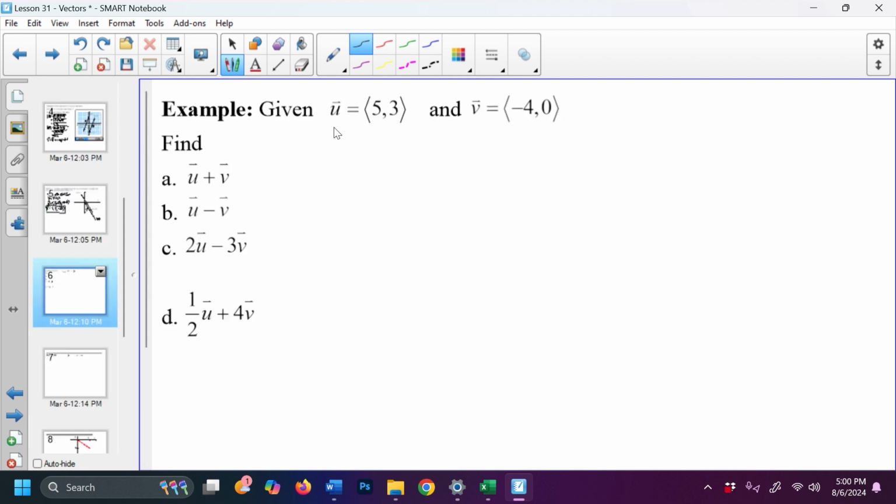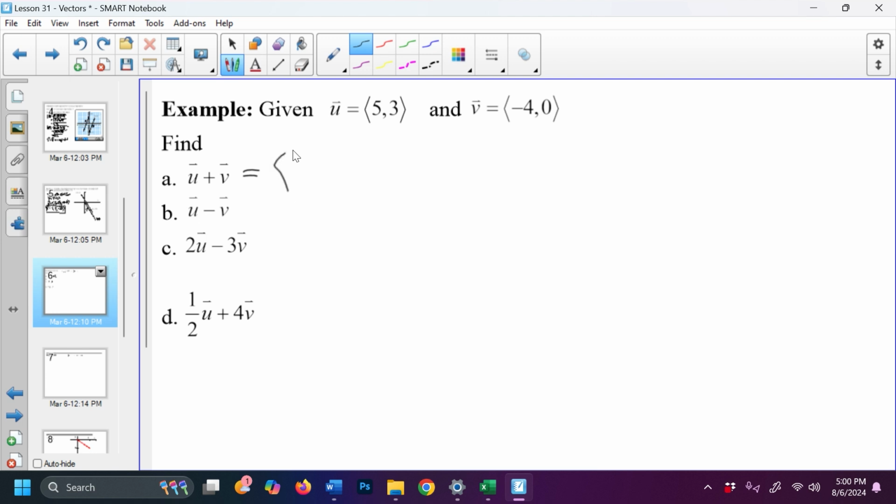It says given the component form of vector u is 5, 3 and the component form of vector v is -4, 0, find vector u plus vector v, find vector u minus vector v, find 2 vector u minus 3 vector v, and then half vector u plus 4 vector v. So vector u plus vector v will be me just adding the corresponding coordinates.